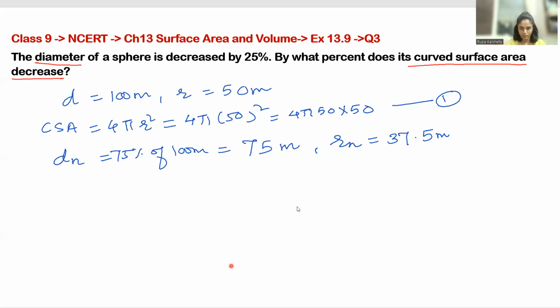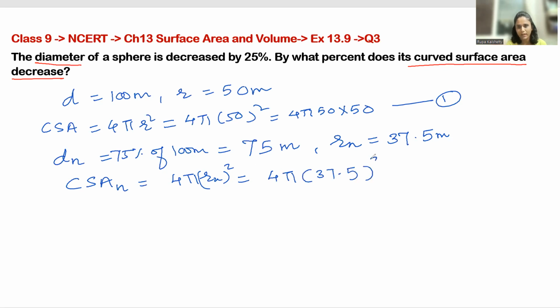Correct? So we can write the new curved surface area, CSAn for new, as 4 pi rn squared. So here you write 4 pi times 37.5 squared, which we can write further as 4 pi times 37.5 times 37.5. This will be your equation 2.